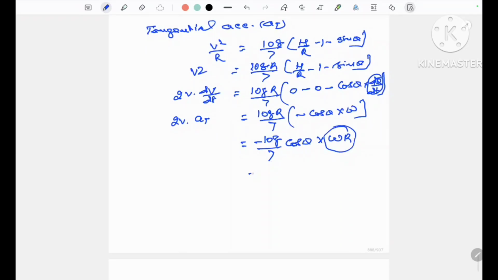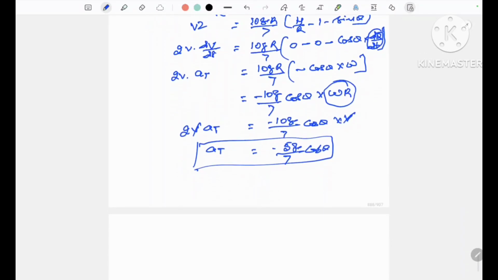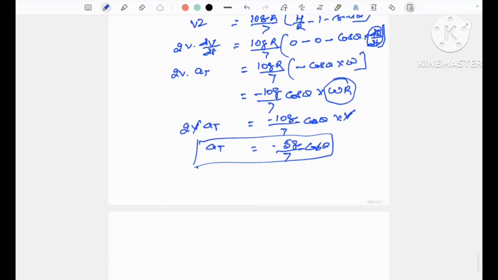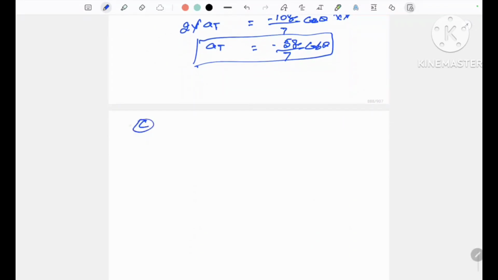Omega r is v. 10g by 7 cos theta into v, 2v at, v से v cross हो गया. at is minus 5g by 7 cos theta. Tangential acceleration is minus 5g by 7 cos theta. C part.